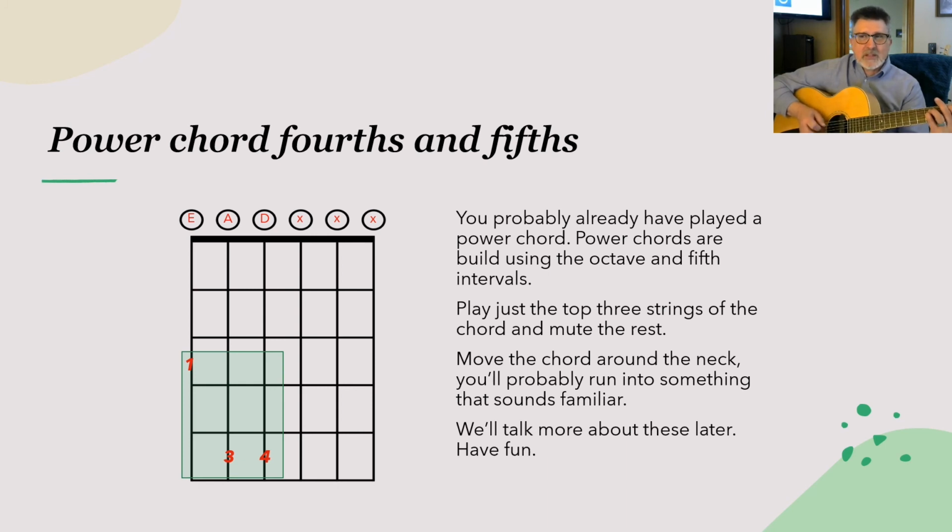So that's the magic of the power chord. You can take this and move this around the neck. You may find songs that sound familiar to you as you play along with that.